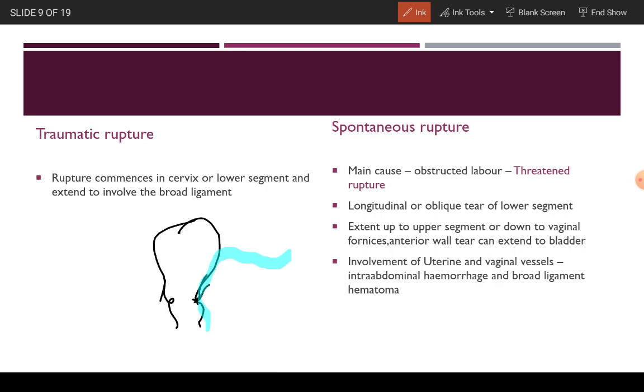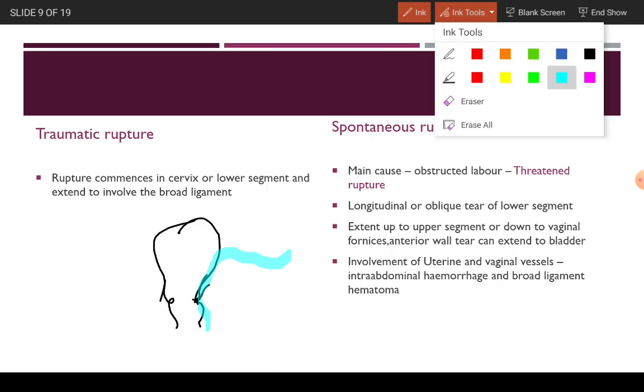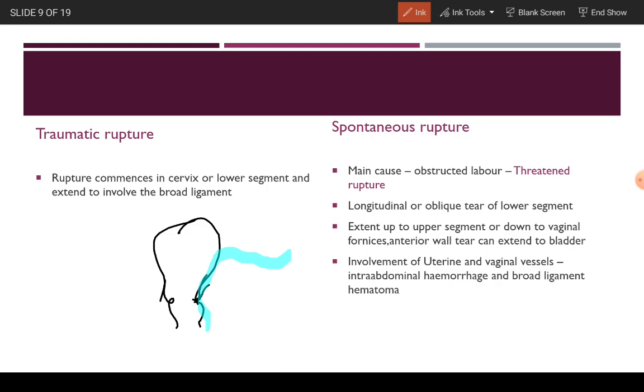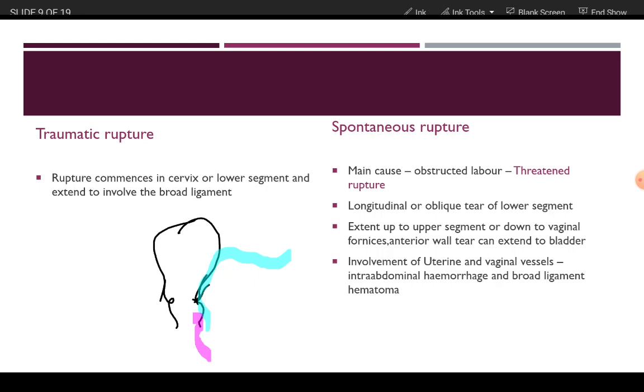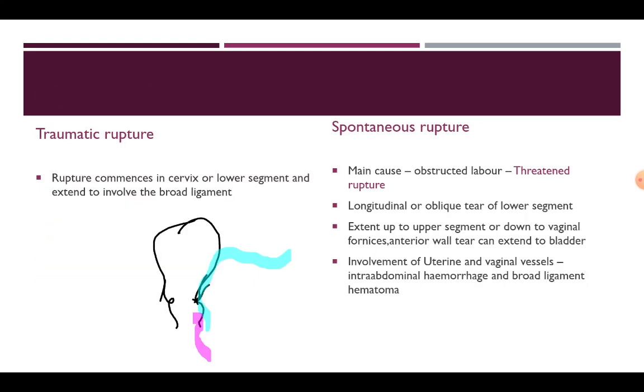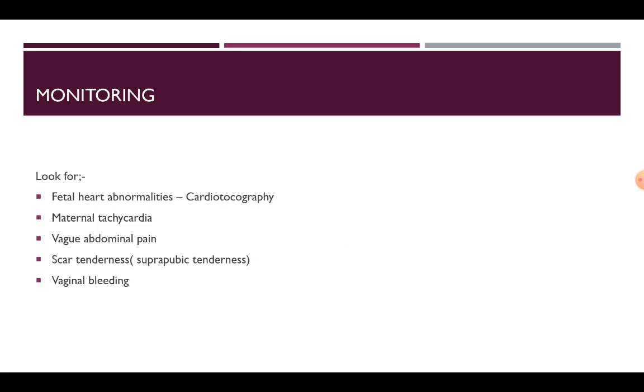In spontaneous rupture, usually what happens is it can be a longitudinal or oblique tear in the lower segment, and it can go down to the vagina or can go up to bladder. So you can see when these vessels are also involved, intra-abdominal hemorrhage.